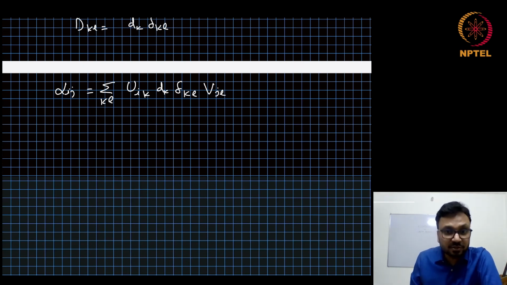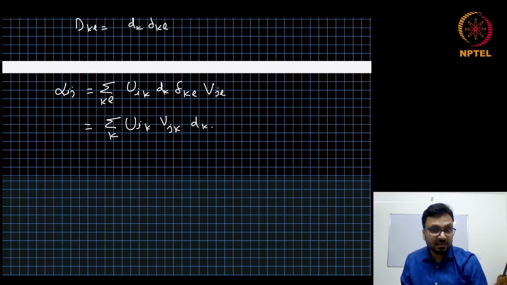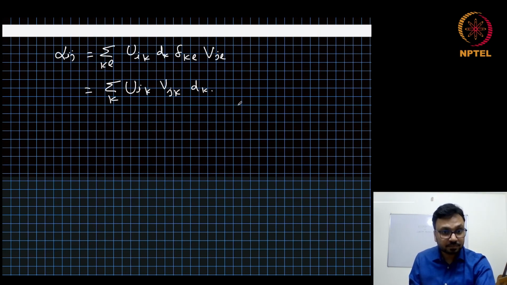So this is the decomposition we get, and we can simplify it using the delta function: sum over k u ik v jk dk. This is how we can write alpha ij in terms of elements of unitaries u and v, and the dk are the singular values of matrix A.